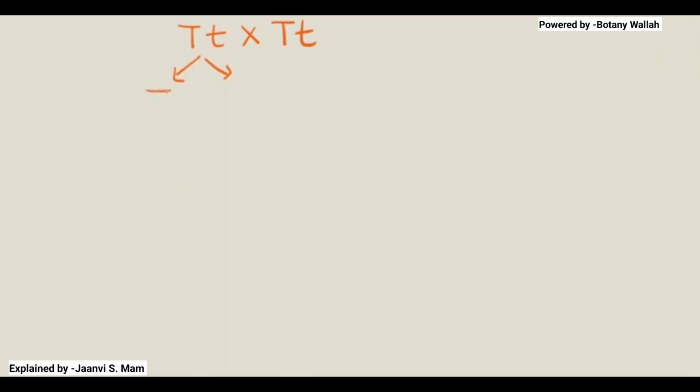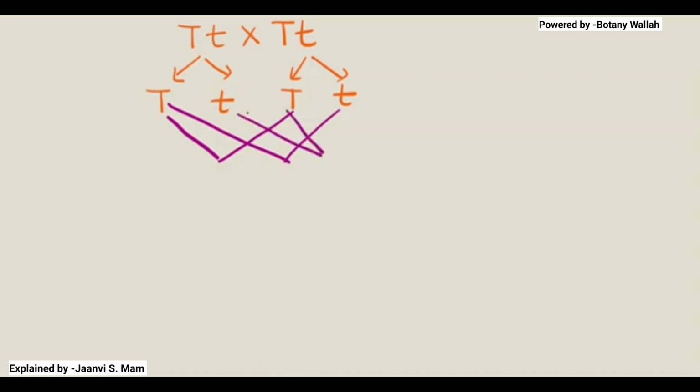So this capital T will separate, small t will separate, and again here capital T will separate, small t will separate. As I had taught how to cross and how to take the possibility, the same way I have to do 1 with 3, 1 with 4, 2 with 3, and 2 with 4. You have to show the arrows.